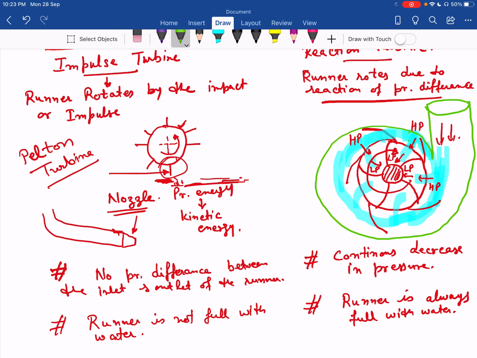Here the casing does a very important function, which we call the hydraulic function of the casing. This casing keeps the turbine runner isolated from the atmospheric pressure, or from the atmosphere.